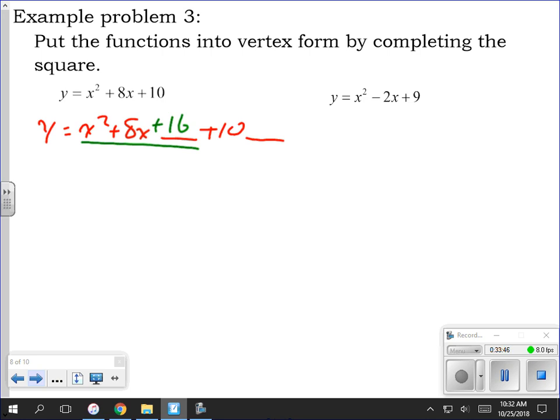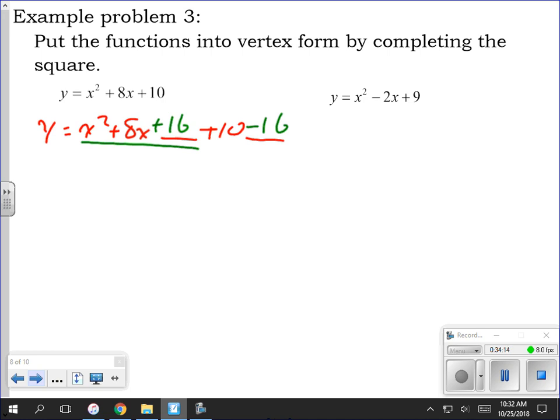If I add 16, what am I going to put in the other blank to keep a net 0 change? I would put negative 16. If I add 16 and subtract 16 from the same side, what have I actually done to that side? I've done nothing. I have a 0 change, right?